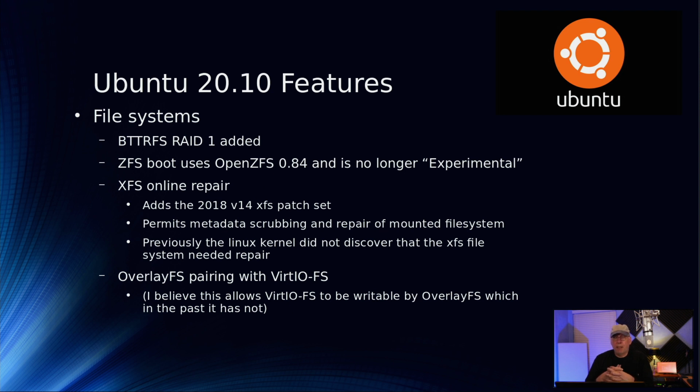XFS, I should say, provides an online repair. And in 2018, there was a version 14 patch of XFS. And I've talked about this before, that the XFS file system team has gotten the code from Silicon Graphics, and of course a lot of that originally was proprietary. I think pieces of it are rolling into the open source community by whoever owns that license today. Silicon Graphics, of course, is long defunct.